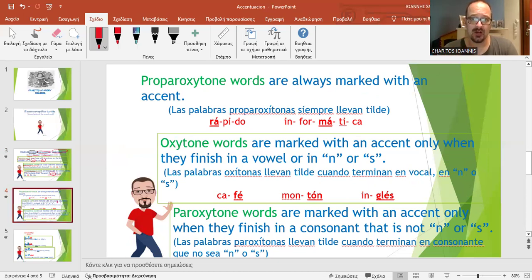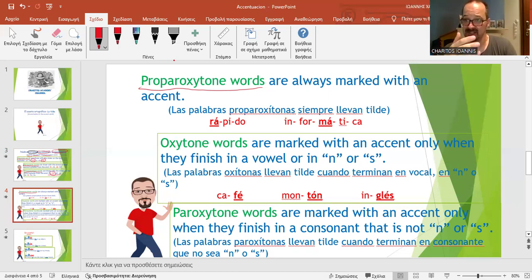So proparoxytone words, those that are stressed on the third syllable before the end, are always marked with an accent. Las palabras proparoxítonas siempre llevan tilde. Por ejemplo, la palabra rápido, ¿sí?